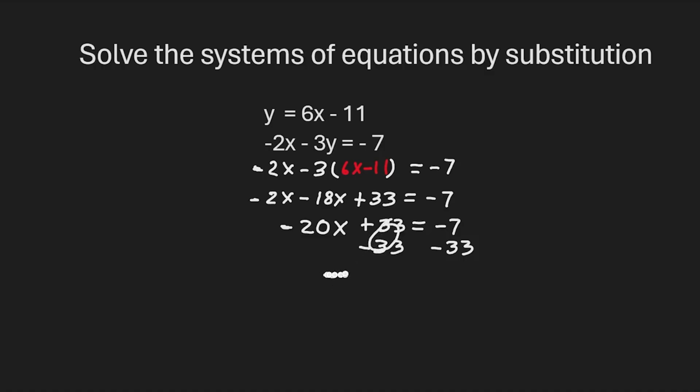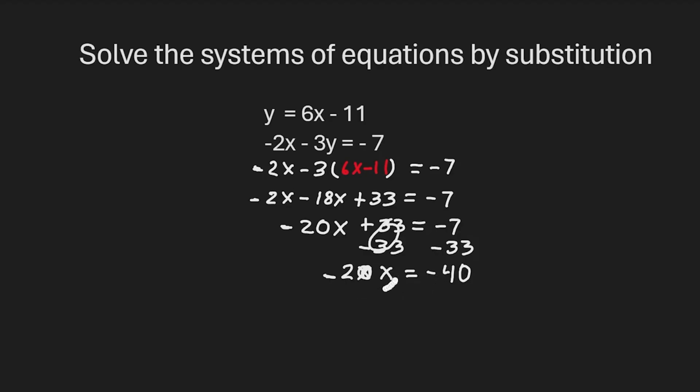So that's how you're going to end up with negative 20x, and all of that equals, can you see that both numbers are negative? So nothing cancels, so just add it up and keep the sign. Whenever two numbers have the same sign, just add it up and keep the sign, okay? So that's how you're going to get negative 40.